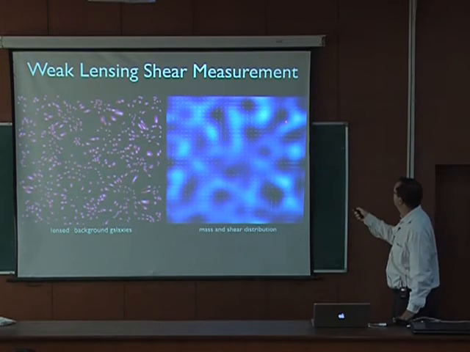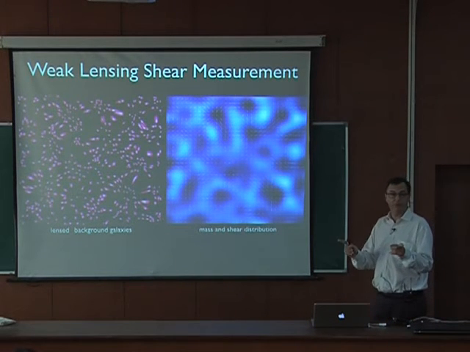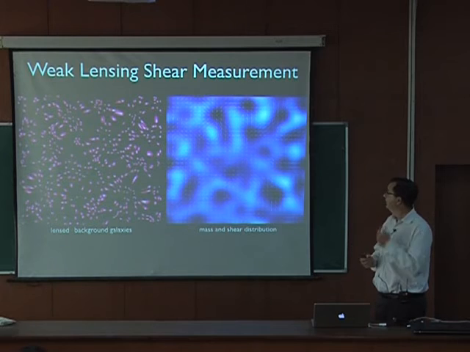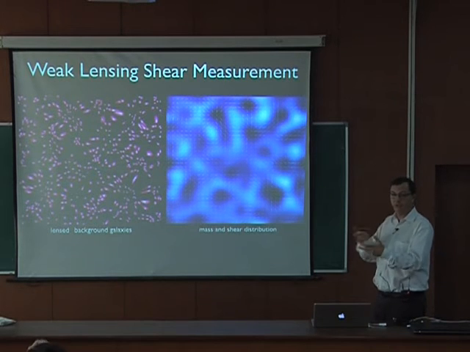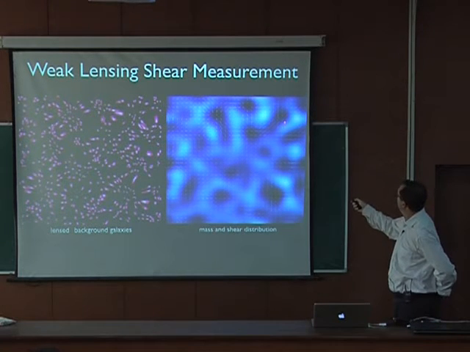It's a way of representing that shear. The shear has two components, gamma 1 and gamma 2. So it has basically two pieces of information which you can turn into a direction and an amplitude of the shear, and you can represent it by a line segment.